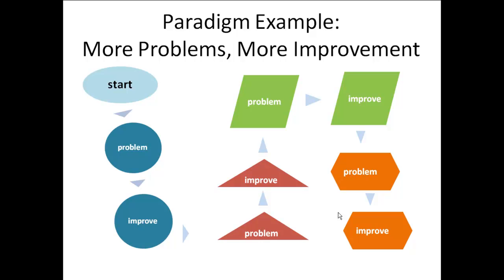So I hope you can see the difference between these two different paradigms and also understand how powerful paradigms are in terms of creating cultures and driving decision-making and practice that might occur.